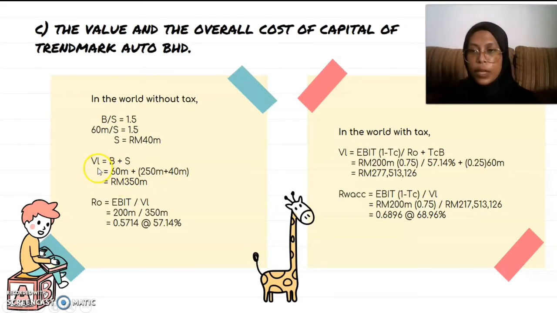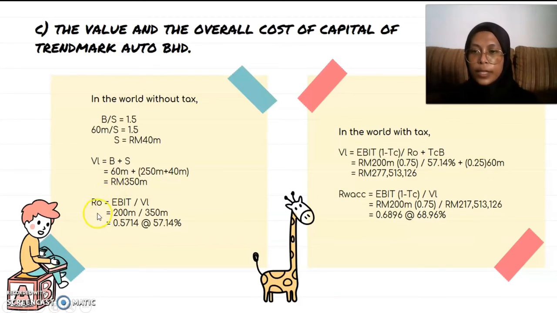Then we find the value of this leveraged firm in the world without tax. So B plus S: 60 million plus 250 million, which we get from the question, plus the additional equity, which is 40 million. So we get the value of the firm is 350 million.